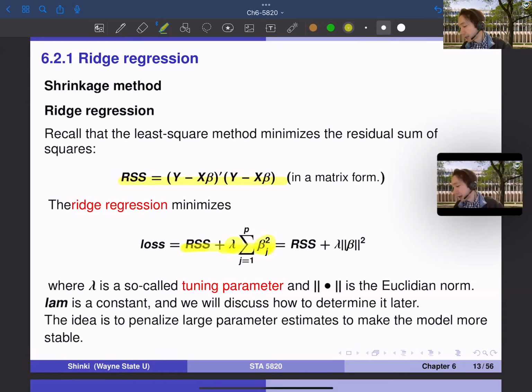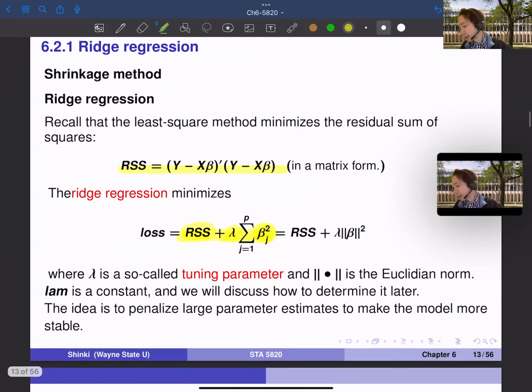We want to minimize this entire quantity: the RSS, the sum of squared residuals, plus a constant times the size of coefficients, the summation of beta j squared.